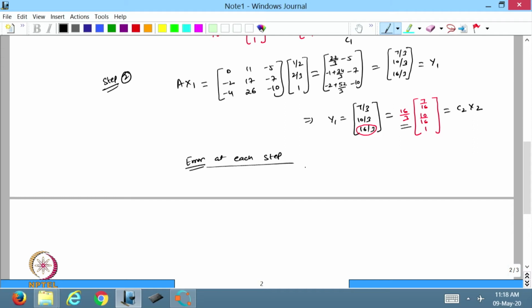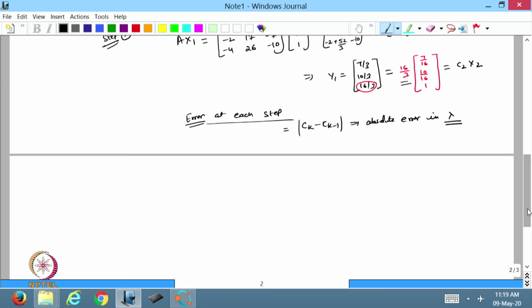One is that I can find the magnitude of Ck minus Ck minus 1. So, this is the value I am finding. Like C2 minus C1 I will find out. So, that is the absolute error in lambda or C, whatever we are going to find, that is the eigenvalue.